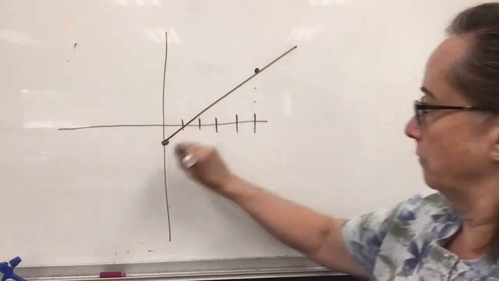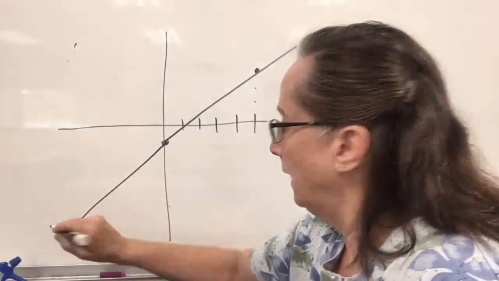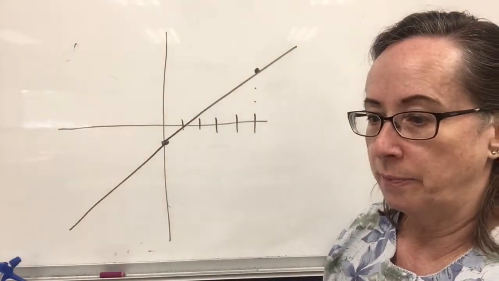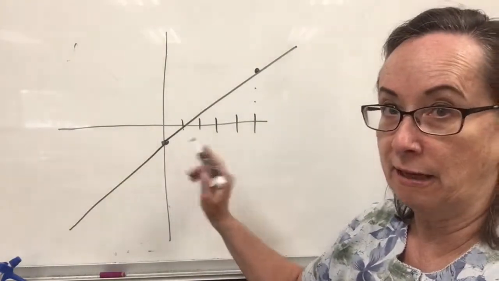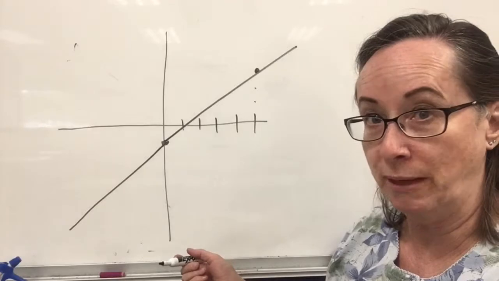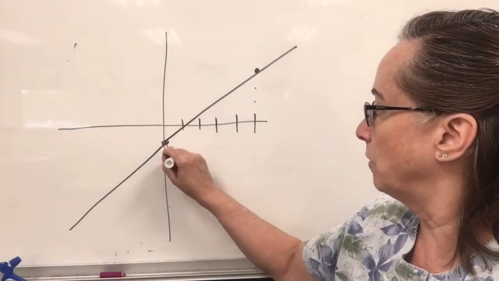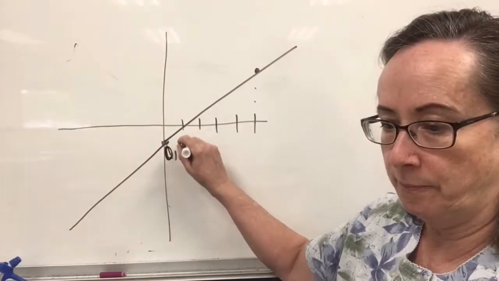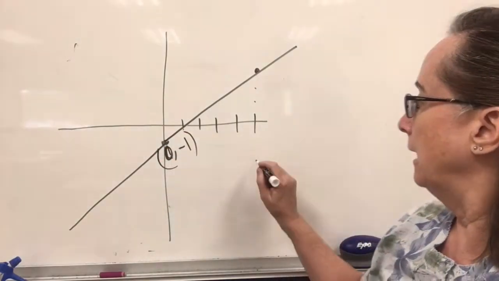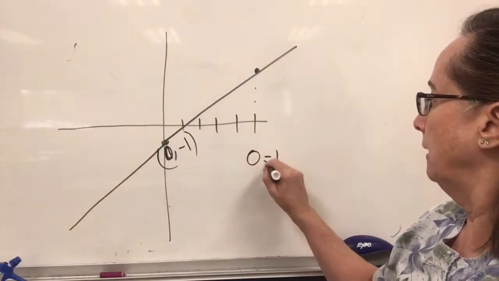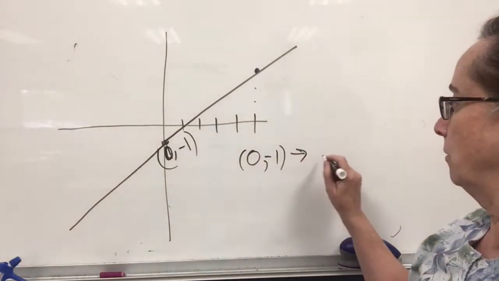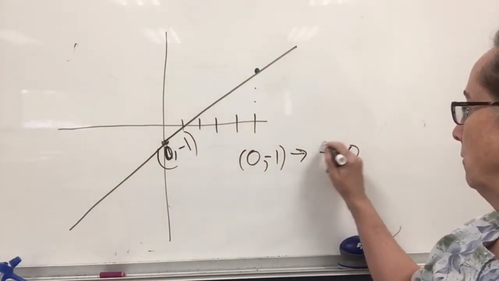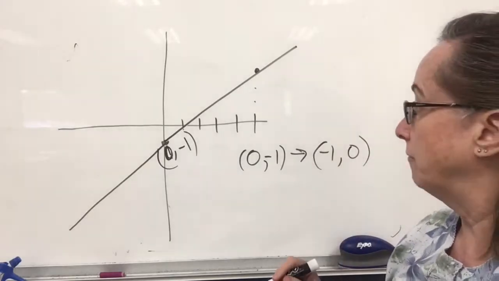So that is the original function. Now the inverse function is going to have the points switch. So if this one was 0, negative 1, then 0, negative 1 is going to turn into negative 1, 0 on the inverse graph.